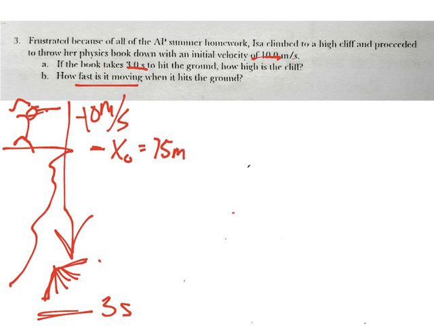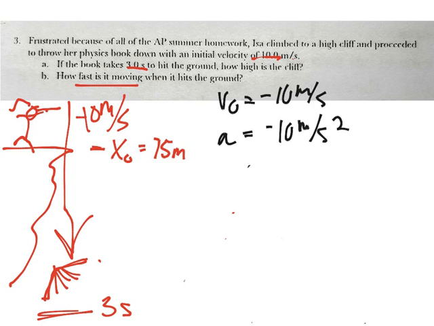So again, write out your variables. So our initial velocity was, again, that negative 10 meters per second, because she threw it down. Acceleration does stay the same, because it's gravity, which is also going to be negative 10 meters per second squared. I rounded up to make the problem easier. We do know that time equals 3 seconds. So just looking at these, we don't even have to worry about position, because we just care about velocity.